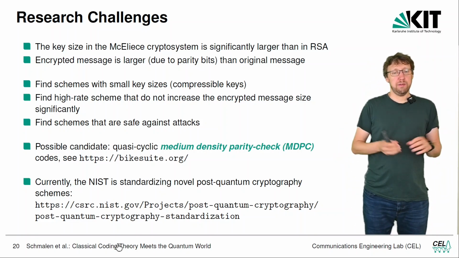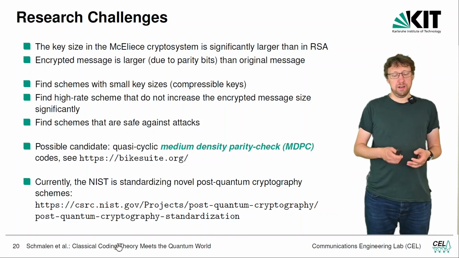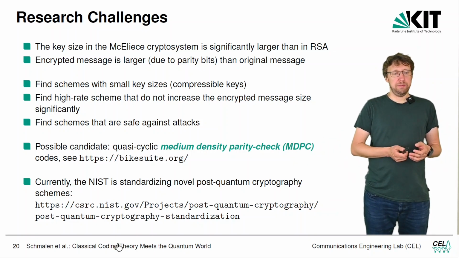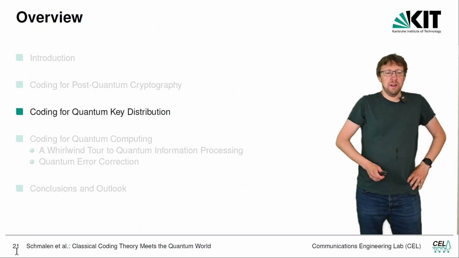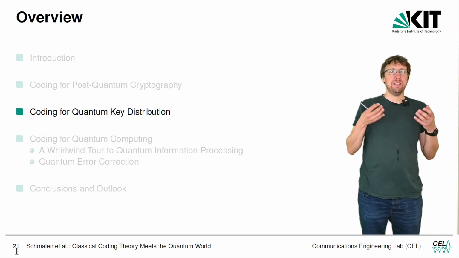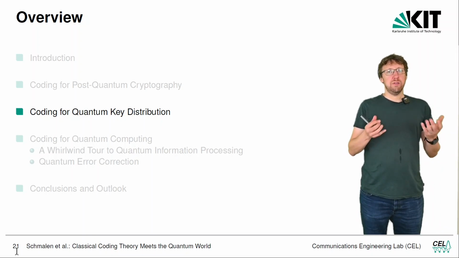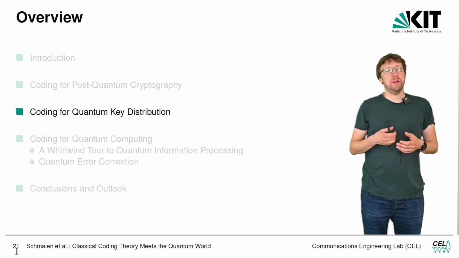The McEliece scheme and the BIKE scheme are among the candidates in the fourth round of the standardization. Okay, so we have seen how coding can help us in deriving new post-quantum cryptography schemes. So now let's move on to quantum key distribution.